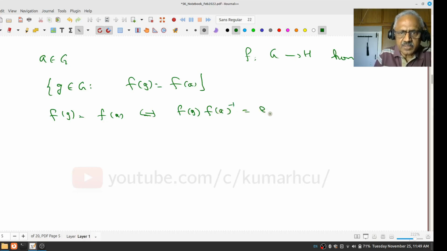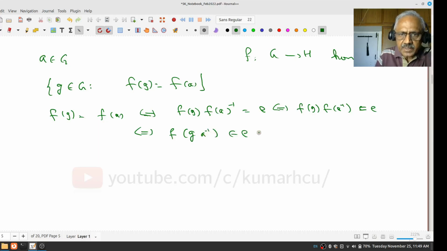This identity element is of H. This is if and only if f of g a inverse is the identity. This is if and only if g a inverse belongs to the kernel K, where K is the kernel of f.